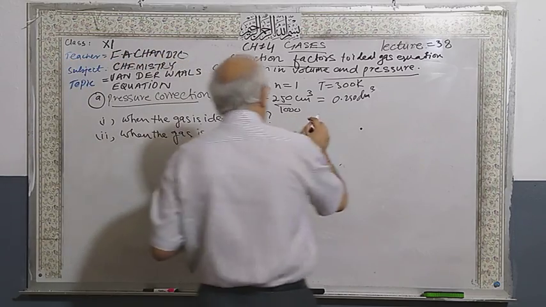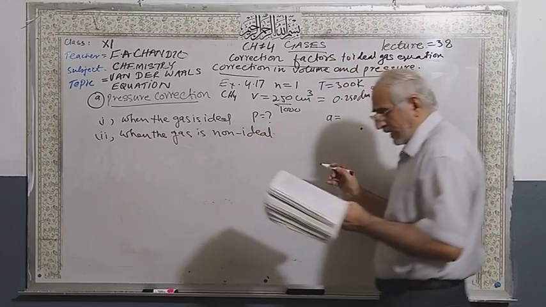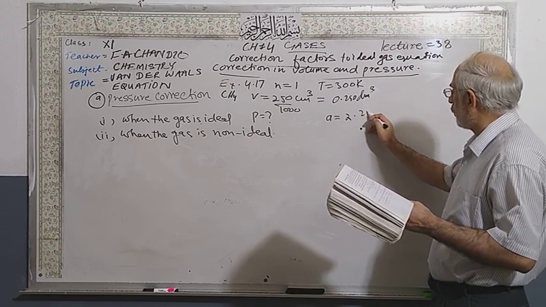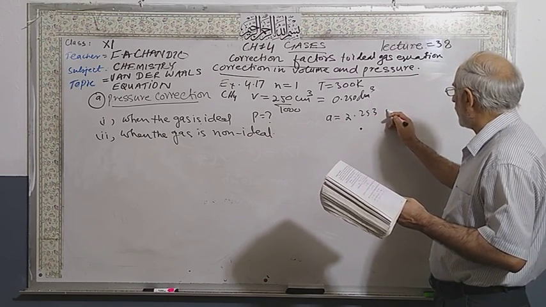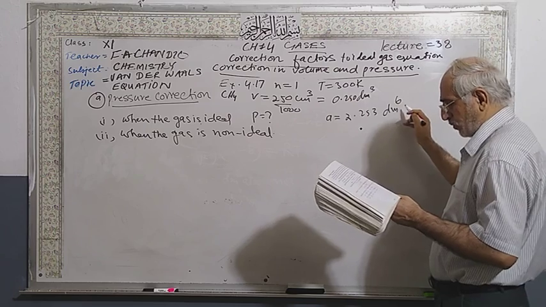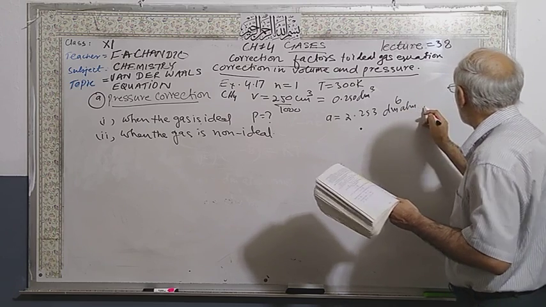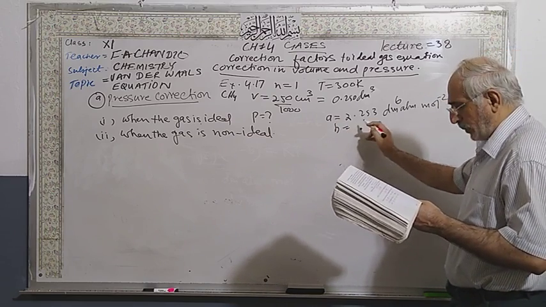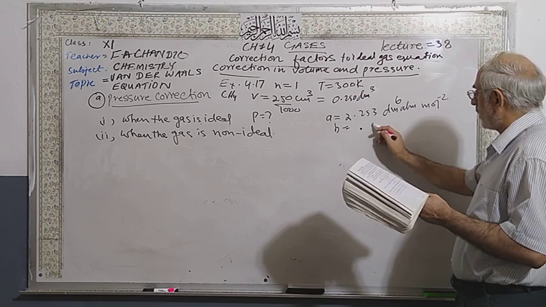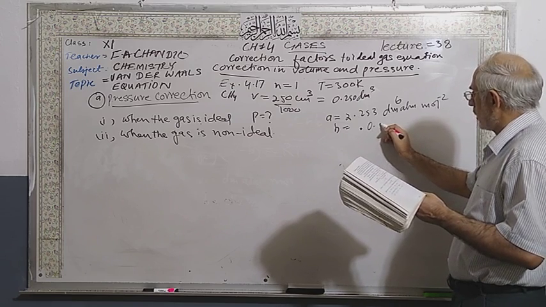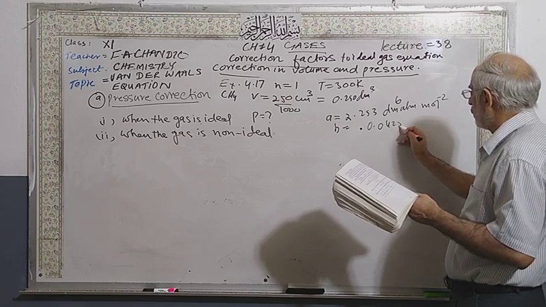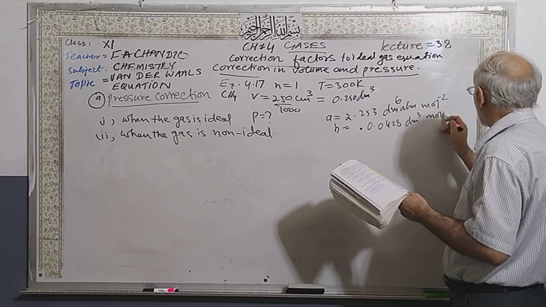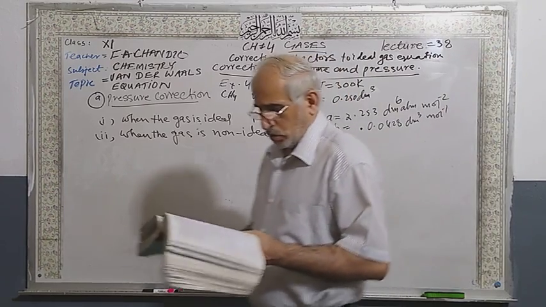And the value of a for methane gas is given in the book: 2.253 decimeter 6 atmosphere per mole square. For the value of b, which is volume, that is 0.0428 decimeter cube per mole.